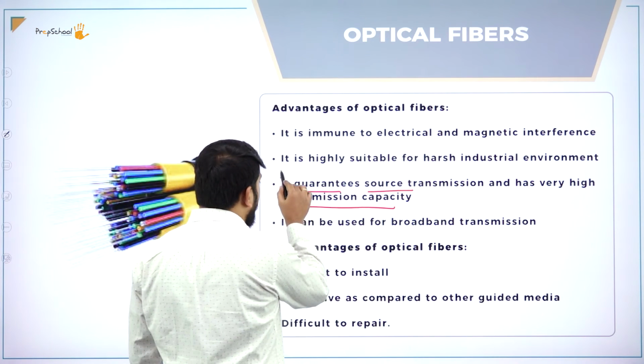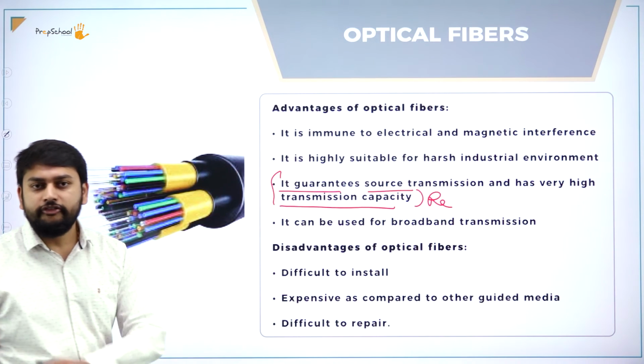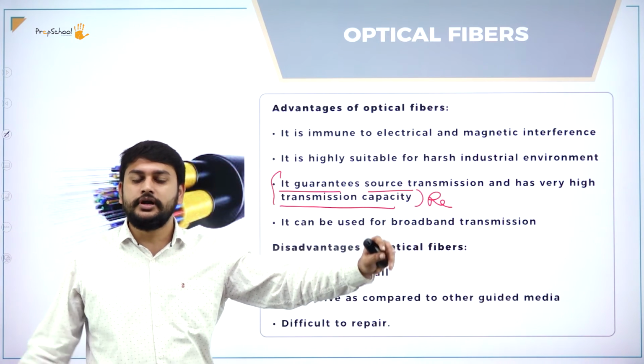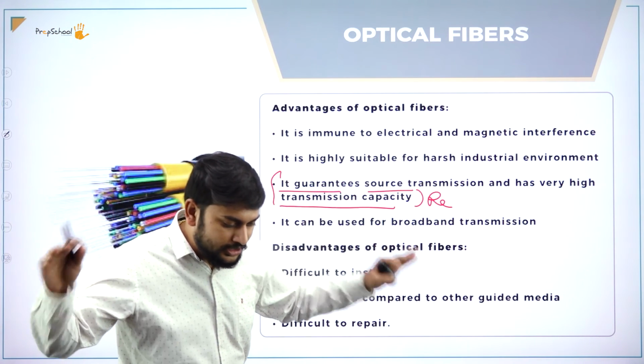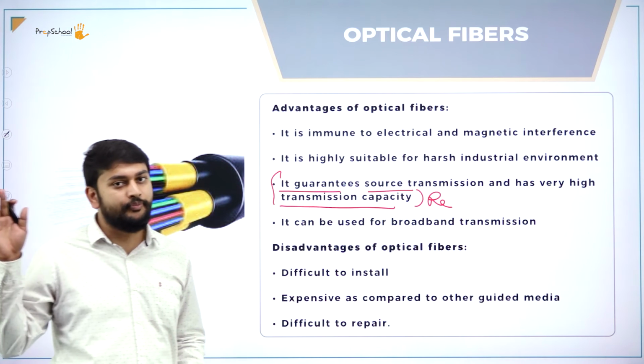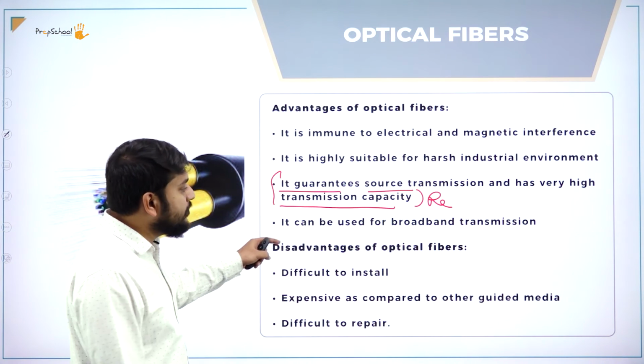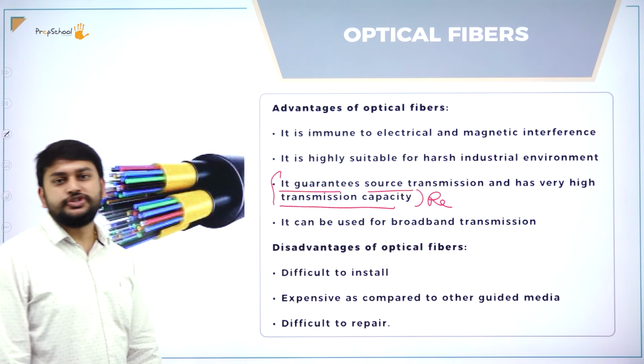The meaning of this point is that it is reliable. Whatever data you are trying to transmit will reach for sure. The data loss rate is comparatively less, is what they're trying to explain. So it can be used for broadband transmission.